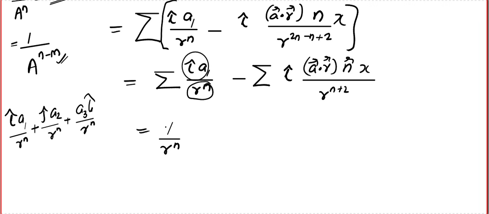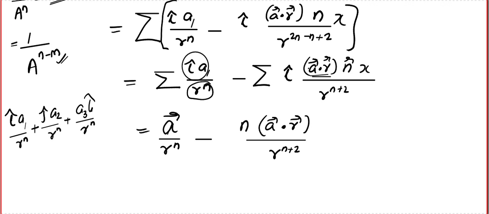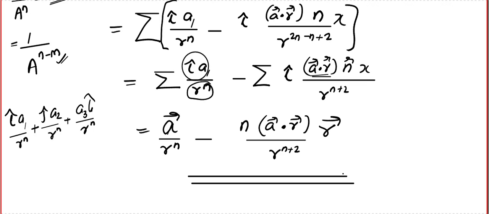That is vector a divided by r power n. Now here you can take n outside, a dot r outside, r power n plus 2 outside, and think about the remaining part, sigma xi. That is xi plus yj plus zk. And that's it. This is what we had to prove.